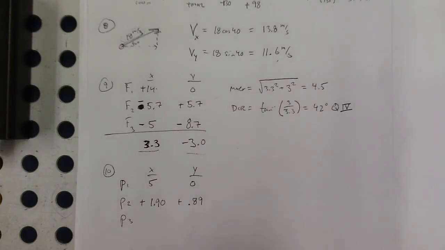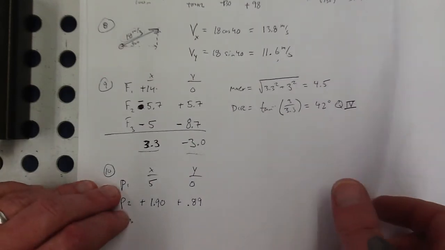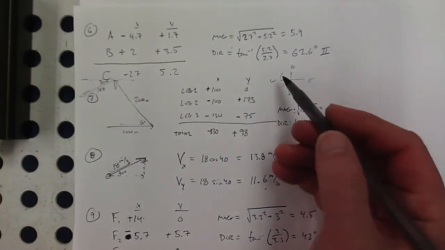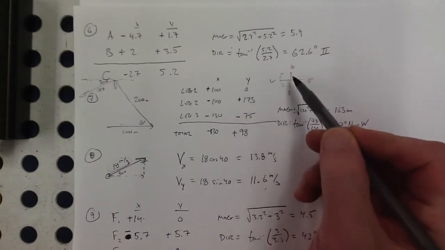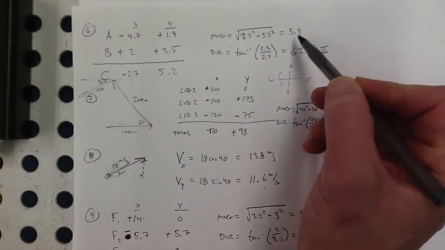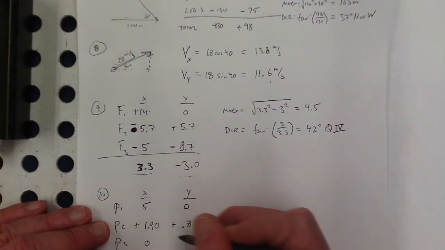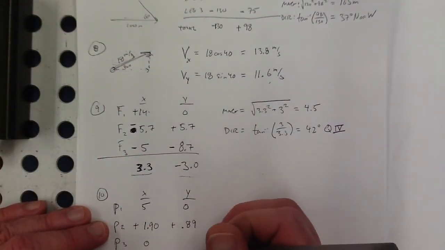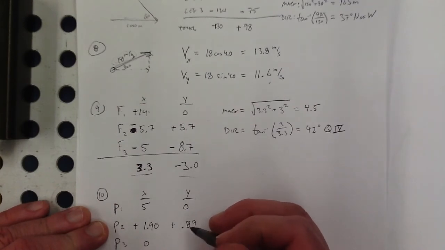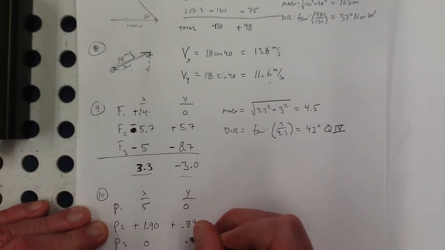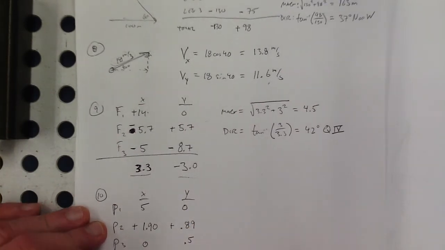The last one is 0.5 meters due north. Due north is the positive y direction, so that is all y and no x. And notice there's no angle there for you to use, even if you wanted to. And that's half a meter. It's a 3-putt.